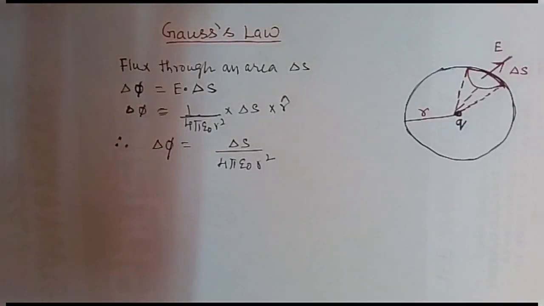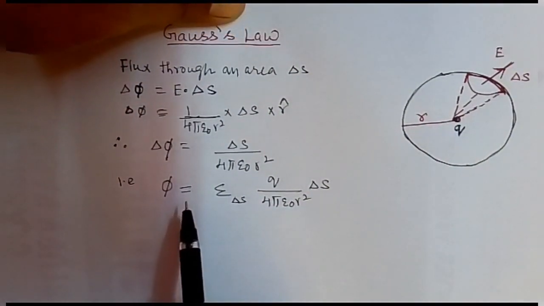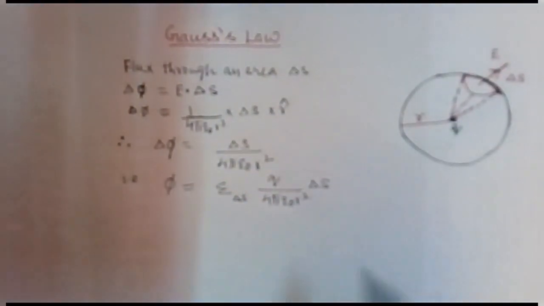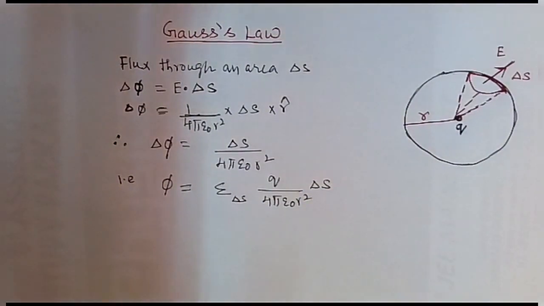Now we can find out the total flux through the sphere, which is obtained by adding the flux through all small area elements. So we can write this equation as summation of all del phi equal to q by 4 pi epsilon naught r square into del S.